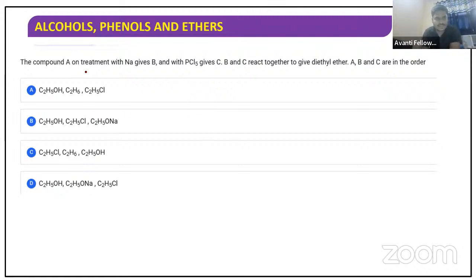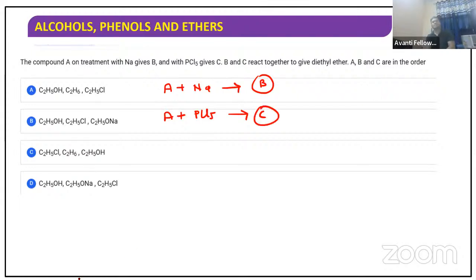So first, compound A on treatment with Na gives B. Now with PCl5, if we treat the same A, we get C. Now B and C react together to give diethyl ether, meaning CH3CH2OCH2CH3.